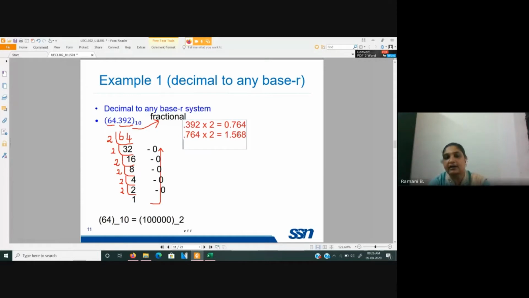Now here we have an integer part, because we are going to accumulate the integer part in this multiplicative result. So we will be taking only the fractional part again. So we take 0.568 into 2.